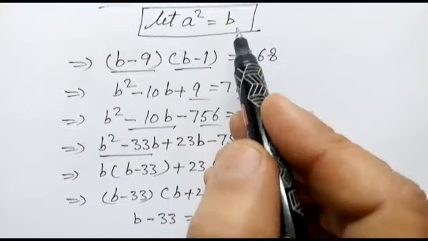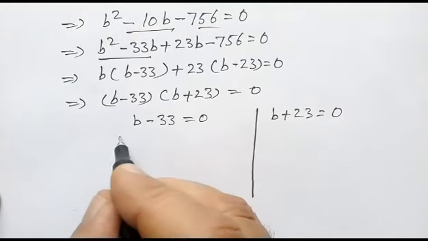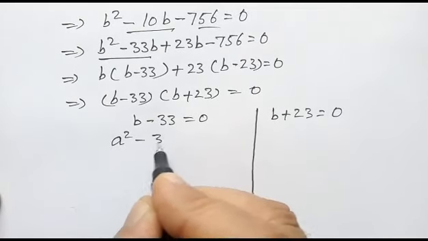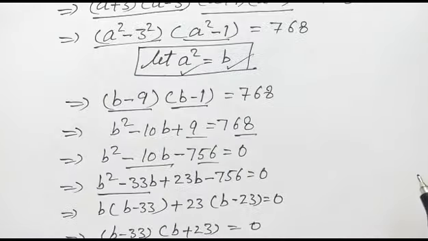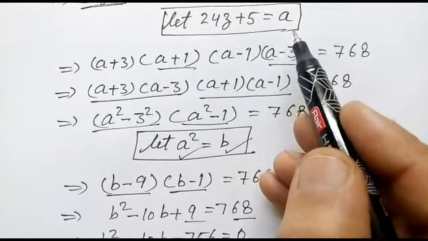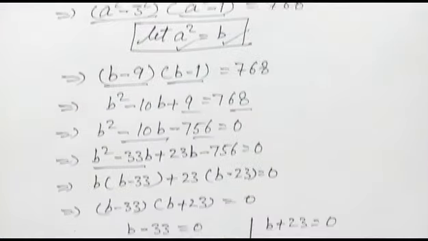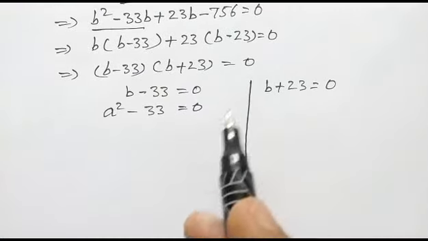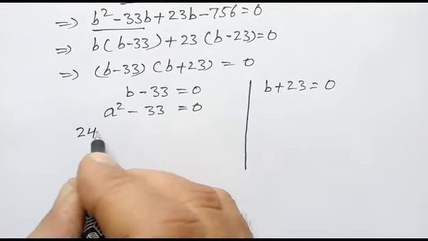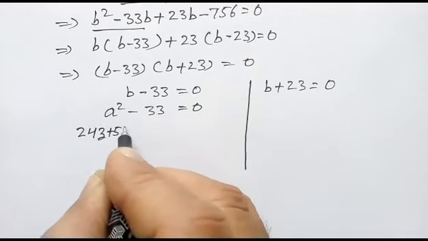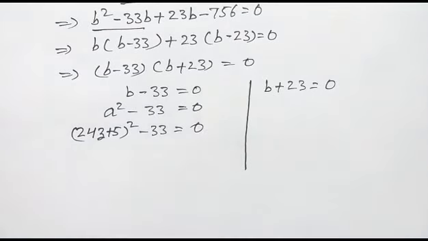Okay, b is equal to a square as we have assumed, right? So here we can write a square minus 33 is equal to 0, right? As we have assumed a is equal to 24z plus 5, so we can write here (24z plus 5) whole square minus 33 is equal to 0.